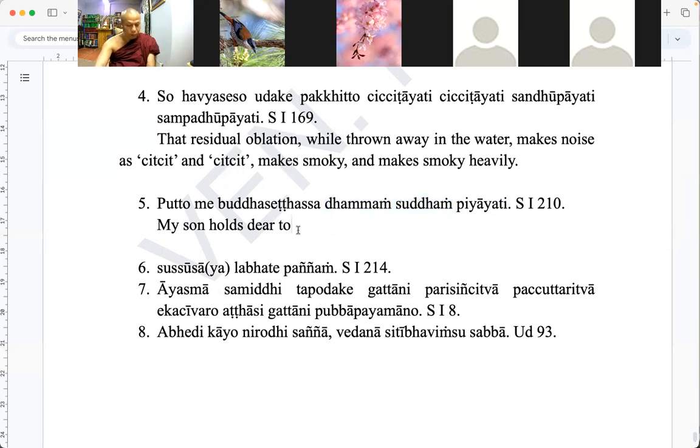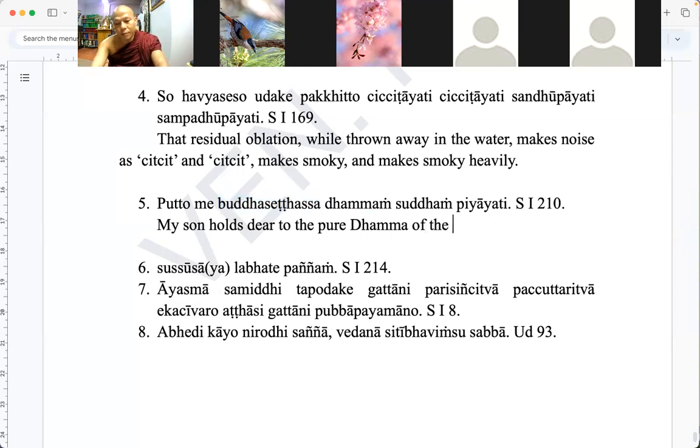So holds dear to the pure Dhamma of the, here Buddha Siddhasa, so of the highest Buddha, or of the greatest Buddha also.